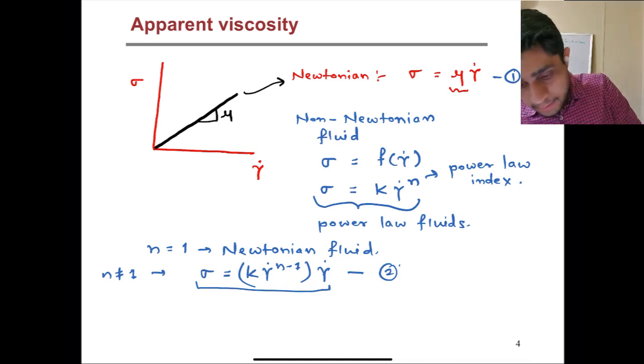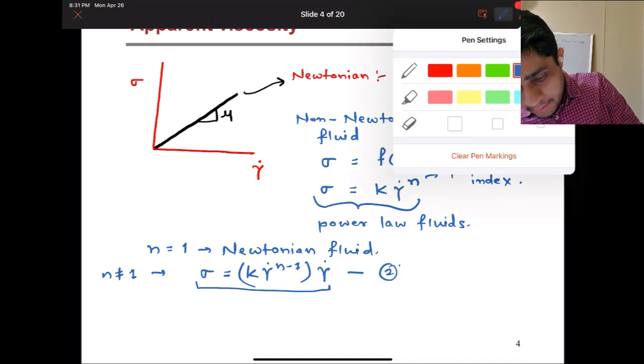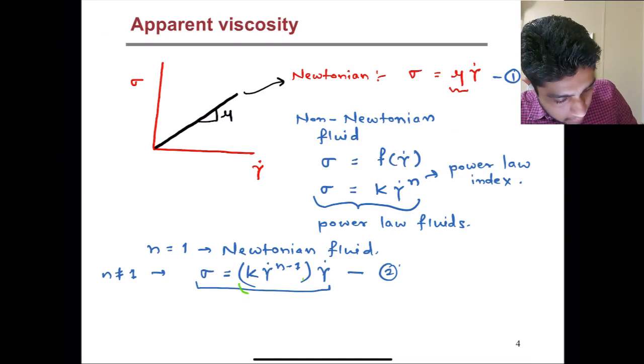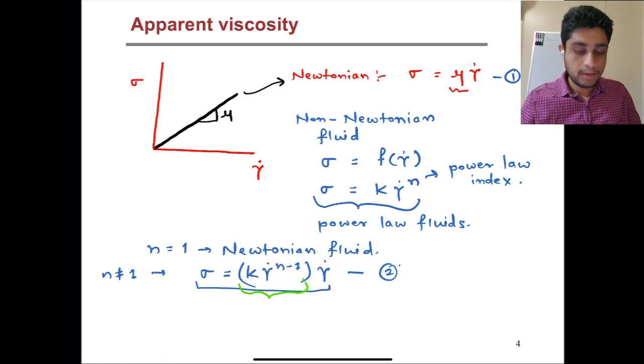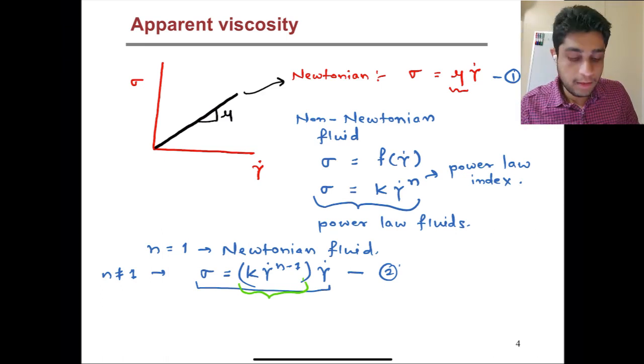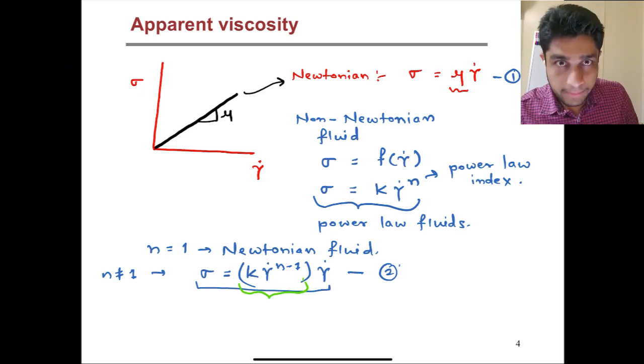We can say that this term in the bracket, k times shear rate power n minus 1, looks like viscosity, right? It even has dimensions same as the viscosity.